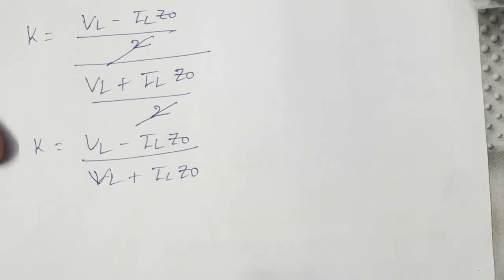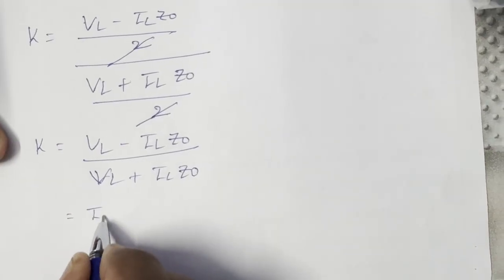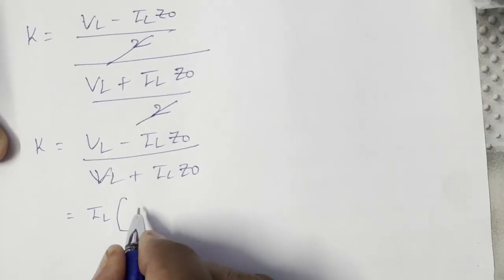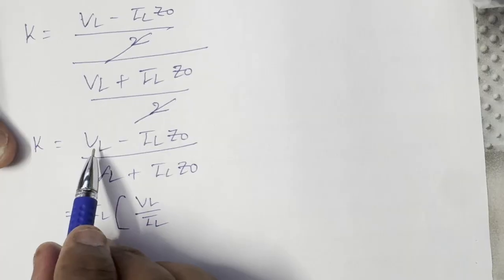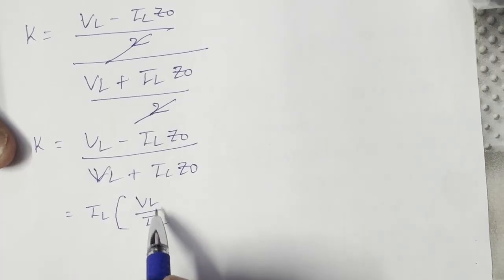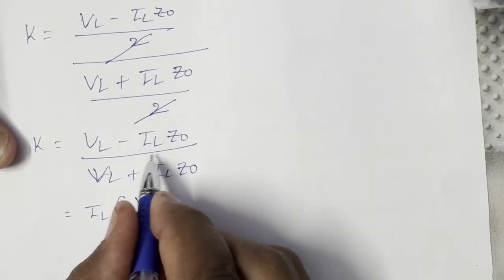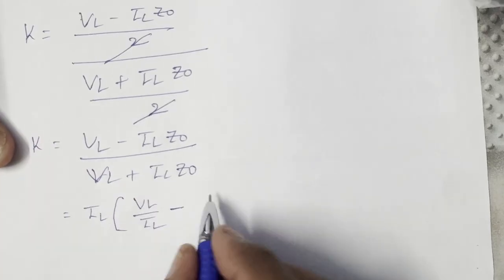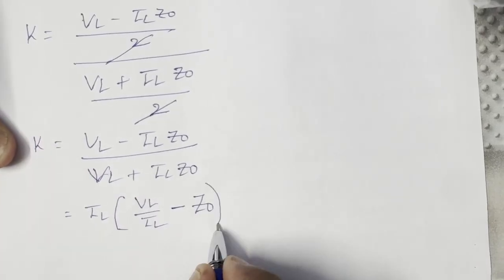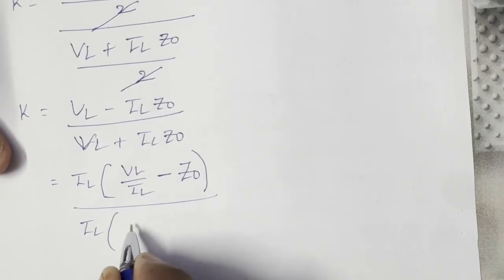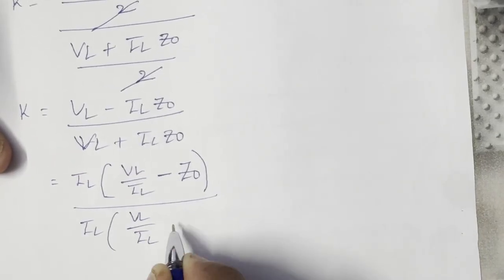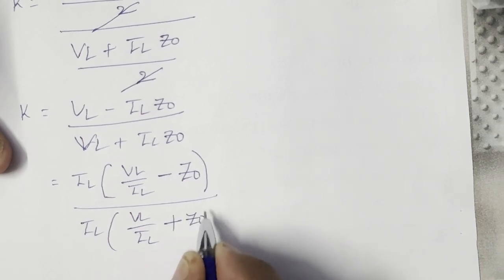Now I am taking IL as a common term from the numerator and the denominator. So we get VL by IL minus Z0 over VL by IL plus Z0.